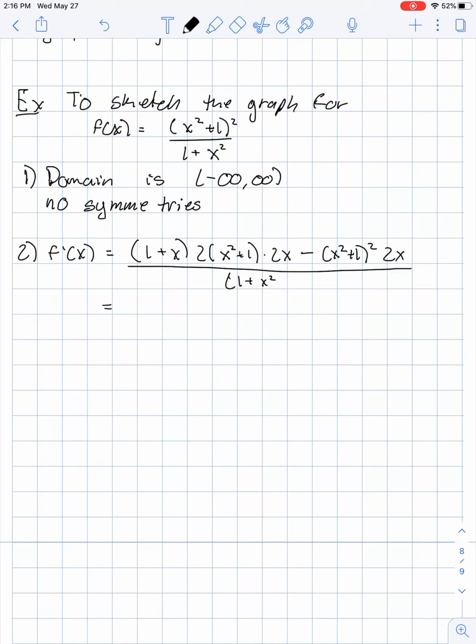So each term has an x plus 2 and an x squared plus 1. So I'm going to pull out a 2x and an x squared plus 1.